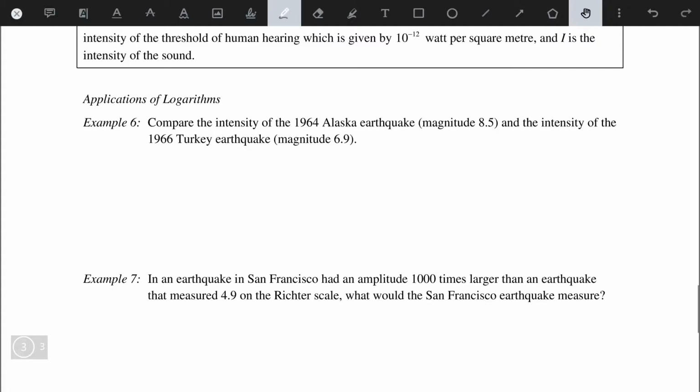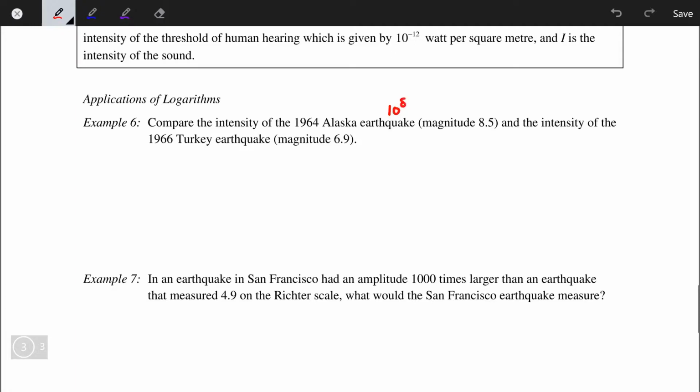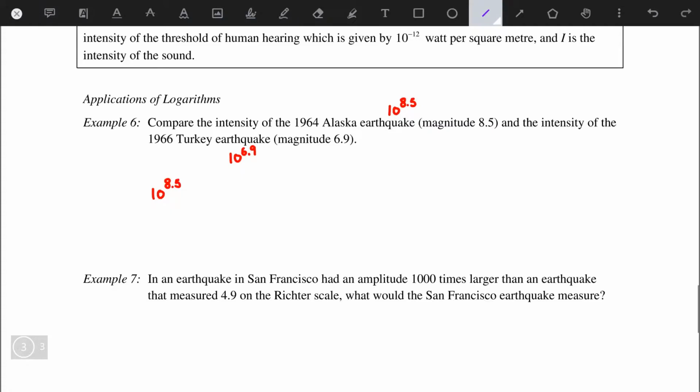If we are to compare the intensity of each, then the actual intensity of the first is 10 to the 8.5 power, and the second will be 10 to the 6.9 power. Now, if we are to compare these two, as in how many times more intense the first earthquake is compared to the second one, we will divide these two magnitudes, written as powers of 10.